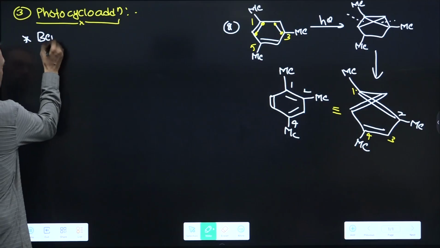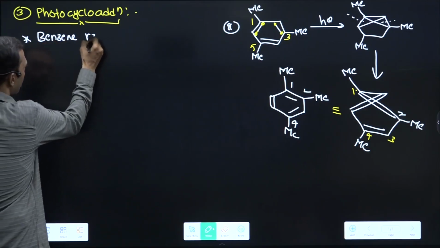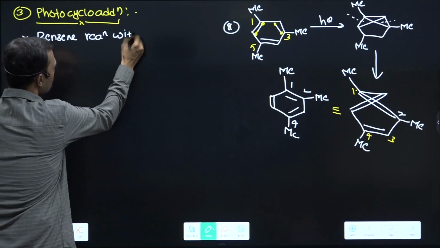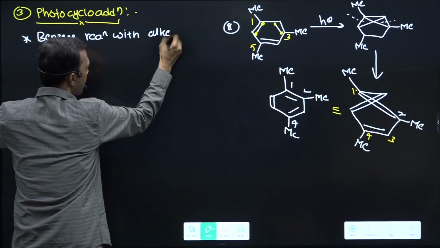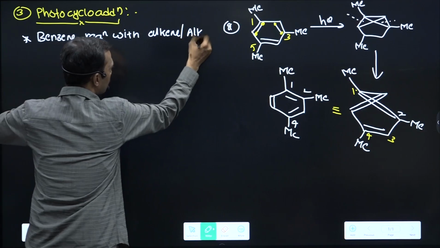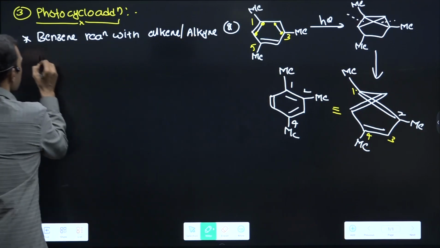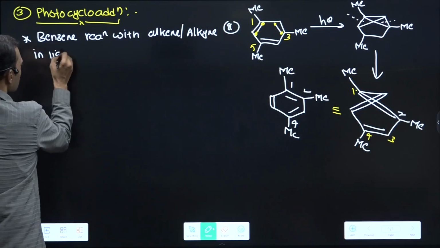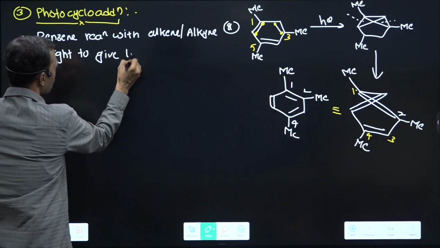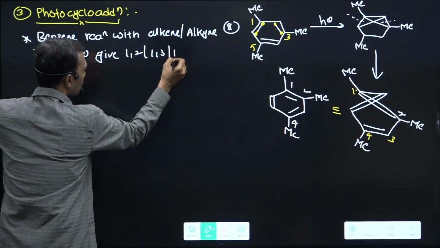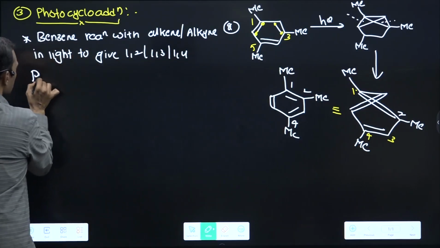Right. See, benzene reacts with alkene or alkyne in light to give 1,2, 1,3, 1,4 products.